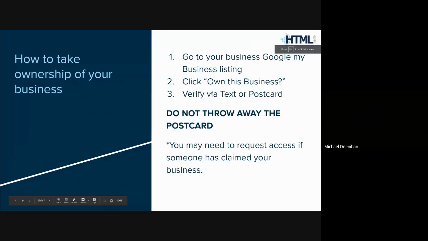I know this sounds strange, like spam, but Google will send you a physical postcard in the mail with a verification code on it. You type in that verification code because they're making sure that whoever is at that location is who's trying to claim this business.